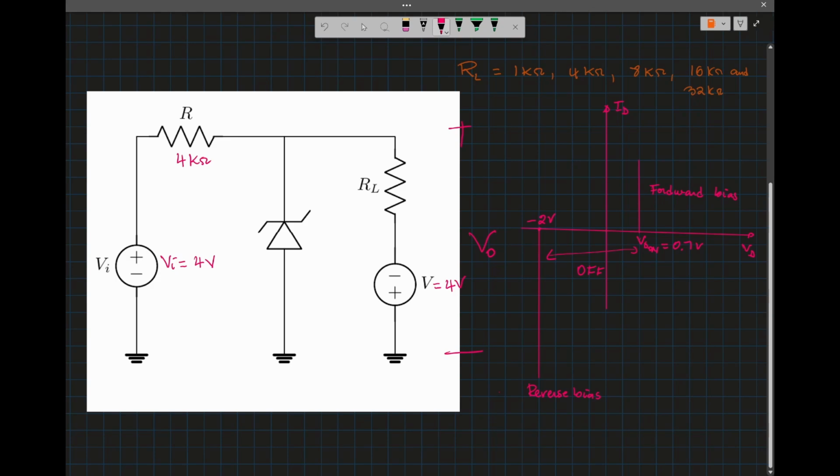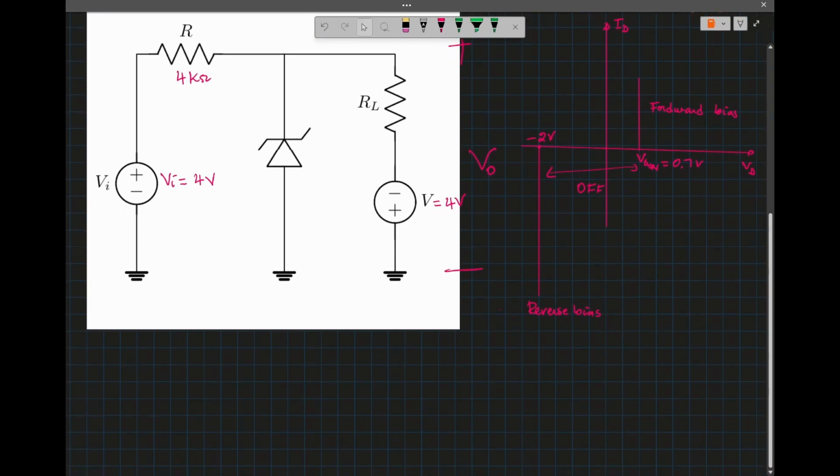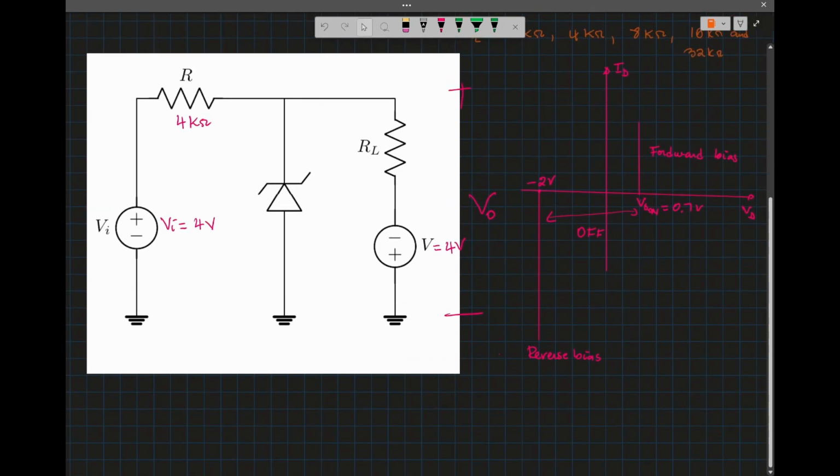So it's either in reverse bias, forward bias, or the off state. We are going to use this diagram to solve for the current here that I call I load. I call this current I, and the current here I will call I1.